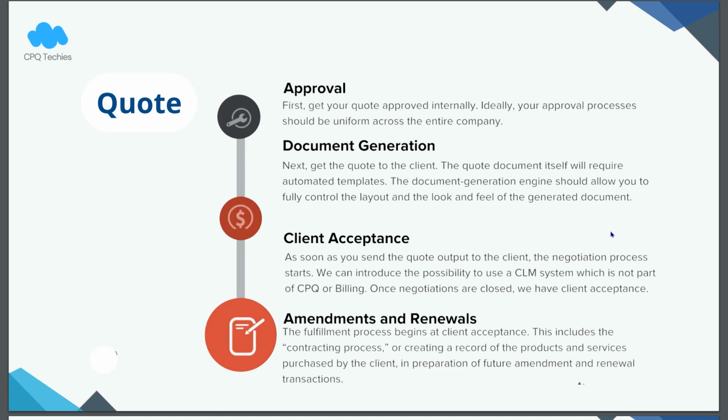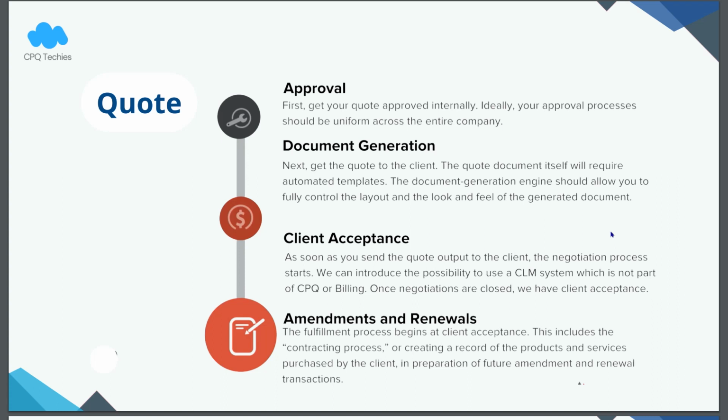We can choose those standard quote templates that come with the CPQ managed package, and we can show the customer that we can reduce the cost we would have if we integrated our system with a document generation tool, right? So as I said, client acceptance is also needed.